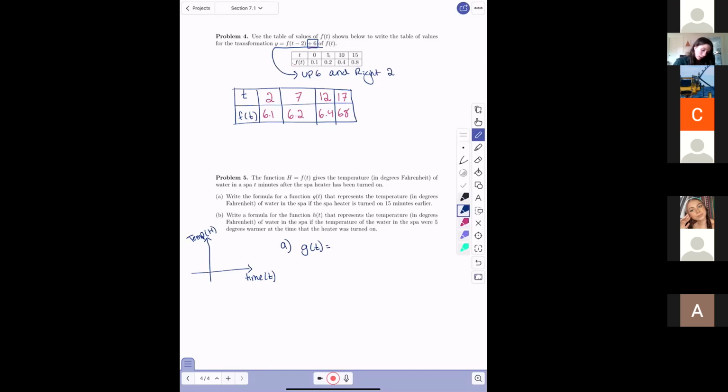So we'll have g of t is equal to f of t, and since we're turning it on 15 minutes earlier, that tells us to move left 15 units for 15 minutes. So it's going to be plus 15. And that's our transformation there. Any questions?